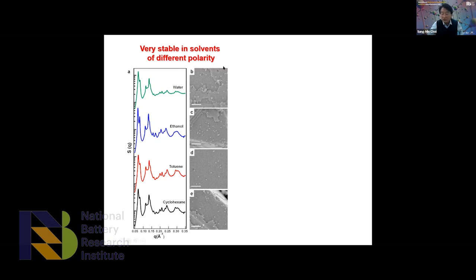With the DNA method and the solvent evaporation method, if they put things into a solvent, their structures are usually destroyed.